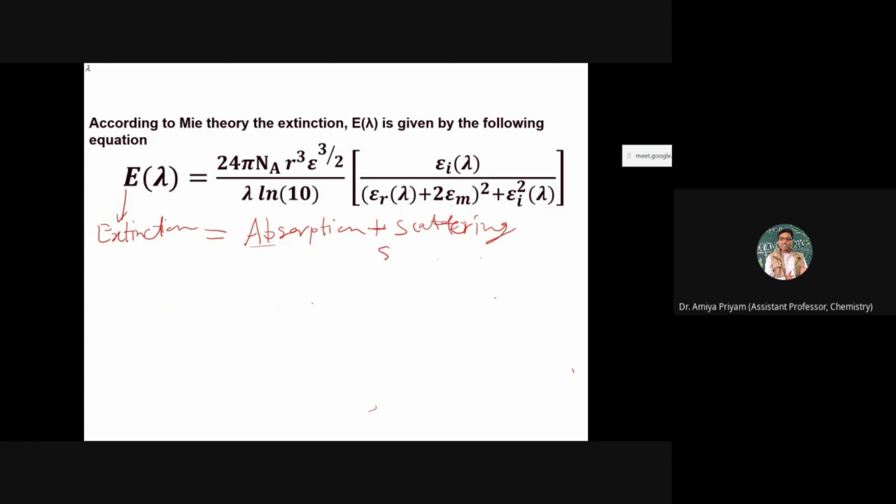You can see that the terms coming here include epsilon m, the dielectric constant of the medium, and epsilon r, the real part of the dielectric constant.